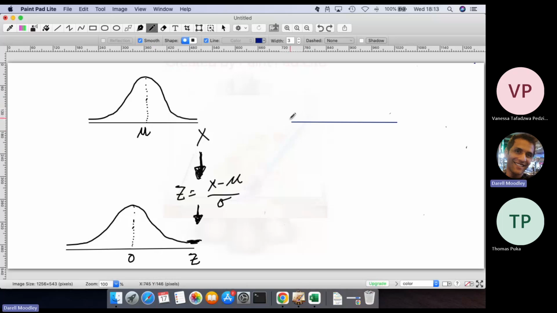So now, instead of starting off with X, we are starting off with the sample mean. Now it's X bar on this axis, and we want to go from X bar to Z. The formula you use to do that, which you don't need to memorize, it's in your formula sheet, is Z equals X bar minus mu, all over sigma.